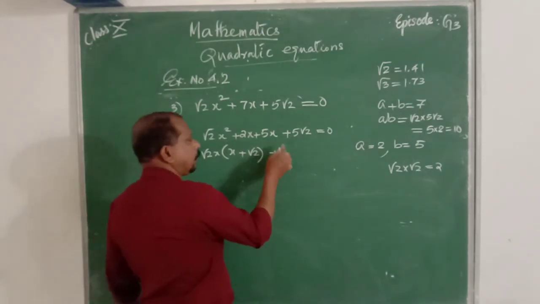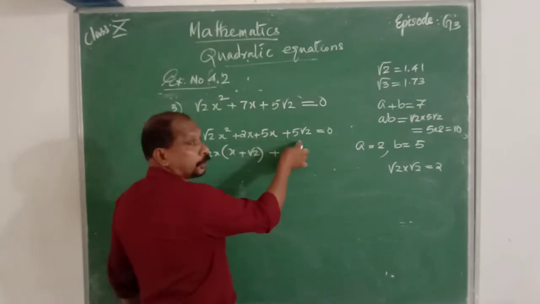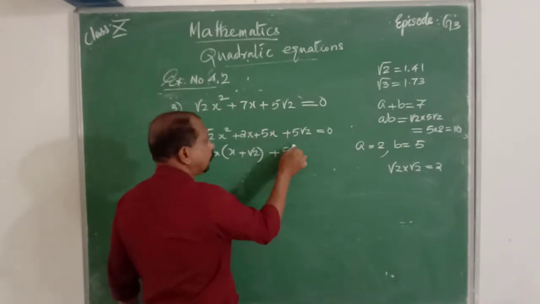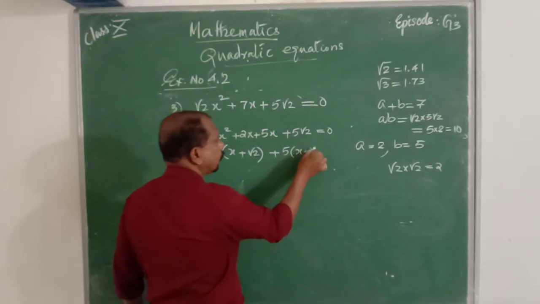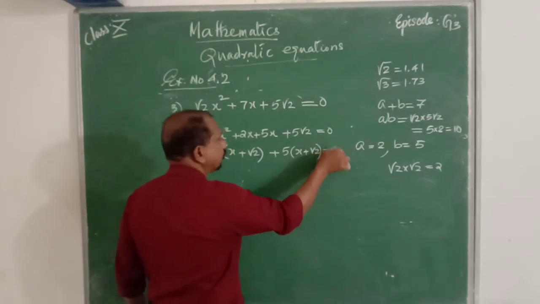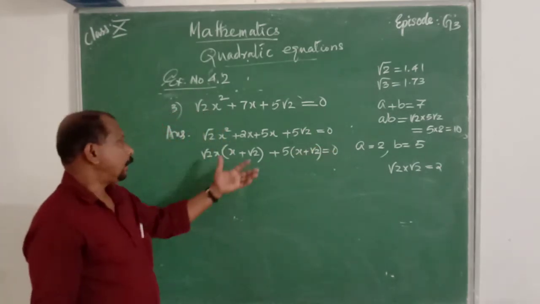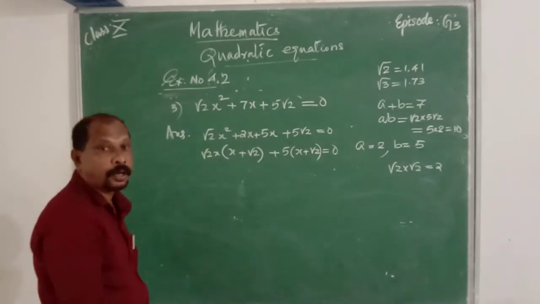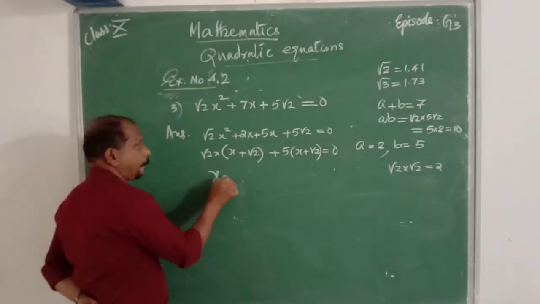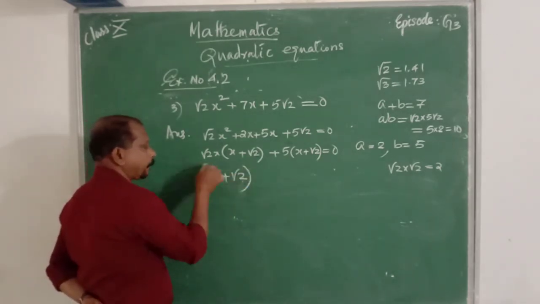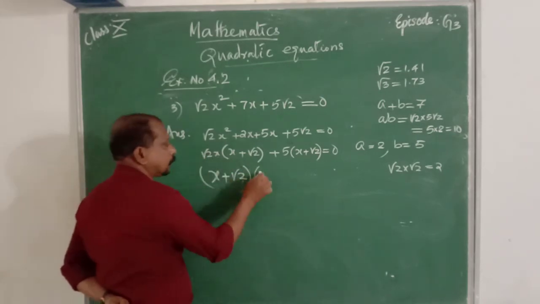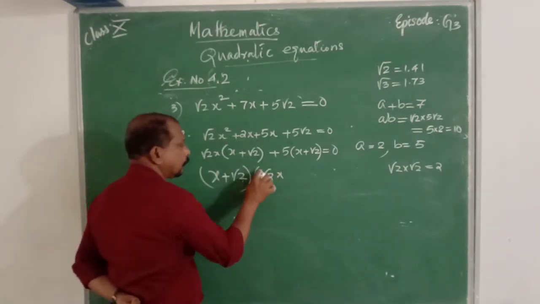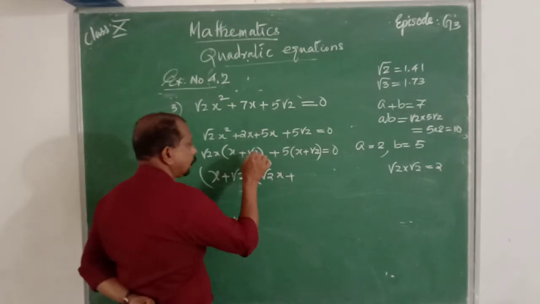Plus, from these last two terms, we take 5 as common. Then, x plus root 2 is also a common factor: root 2x plus 5.